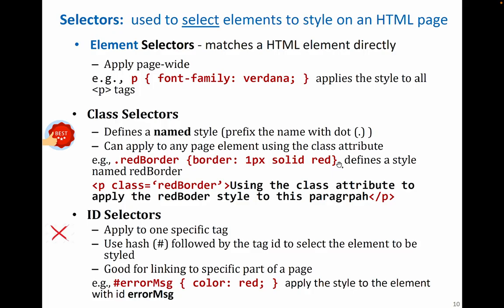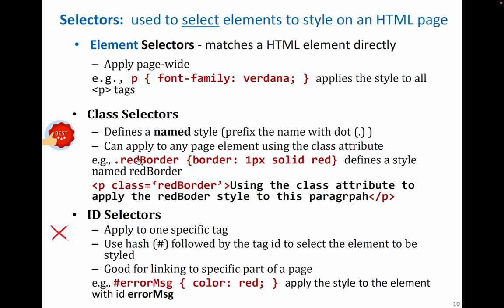So I define how to draw a red border. And then for my tags, I say this tag I would like to make a red border for, so I use the class attribute and say class is equal to red border.